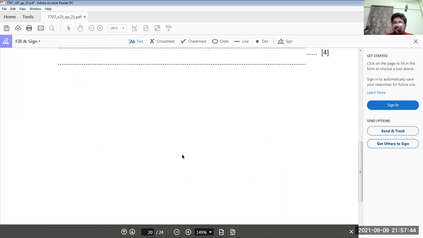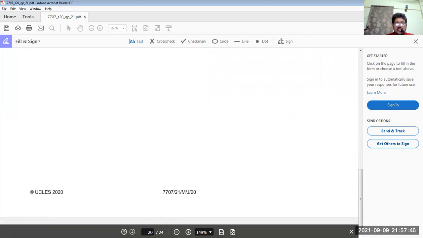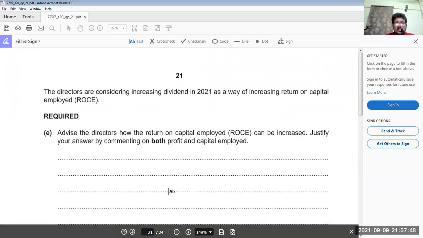This is the answer. Easy. Now come to the directors are considering increasing dividend 2020 as a way of increasing return on capital employed. Advise the director how the return on capital employed can be increased. Justify your answer by commenting on both profit and capital employed.